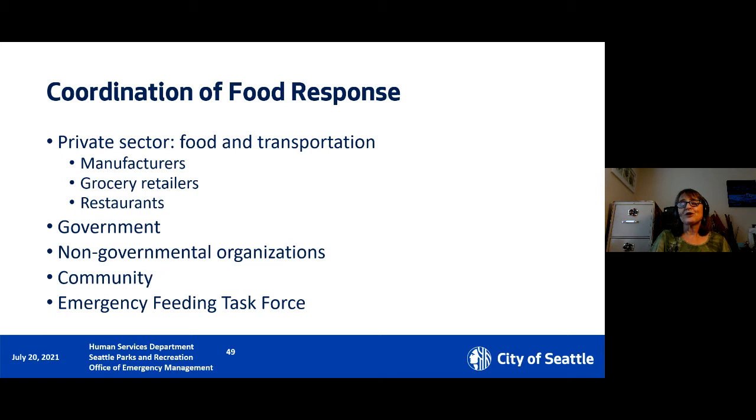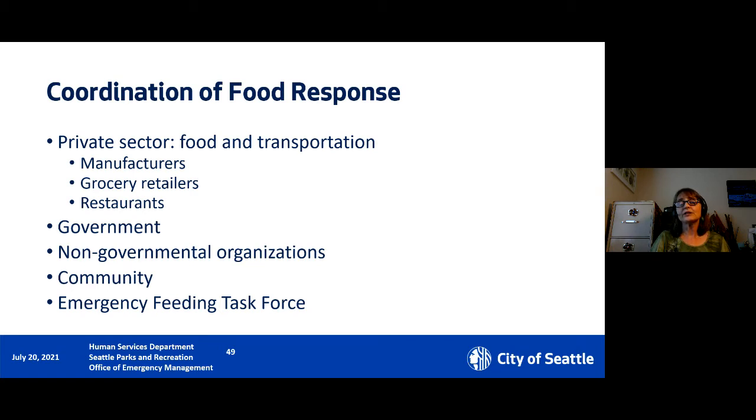Given that there's so many moving pieces in this, developing an emergency feeding task force becomes really key to organizing some of these efforts, to leverage each other's capabilities, to coordinate resources, and to help us target areas that most need the assistance so that we're not duplicating efforts.